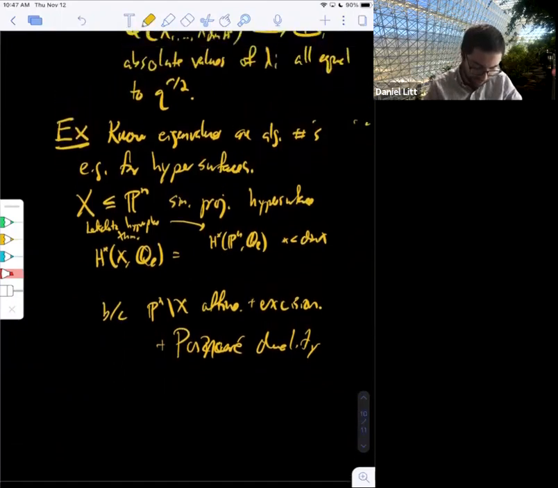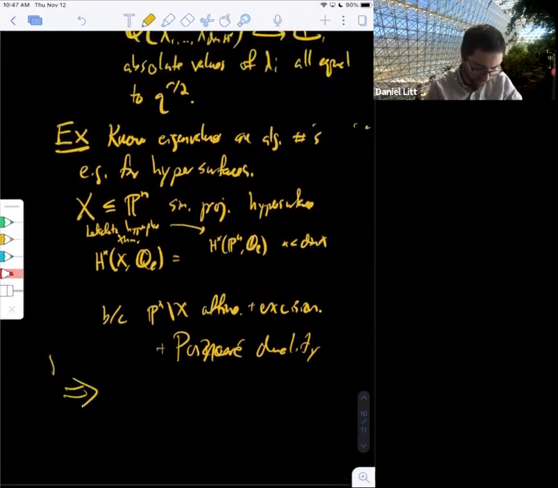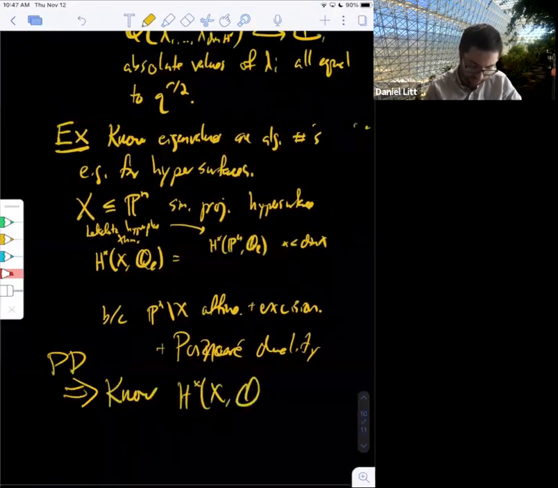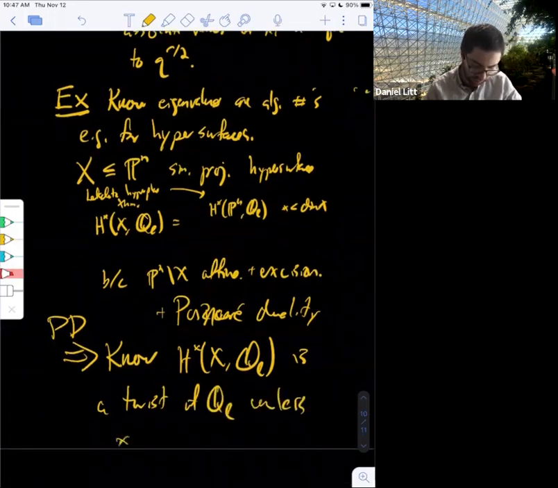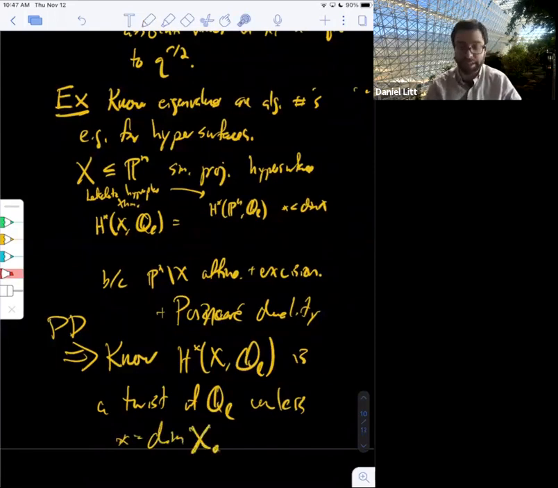So what this implies, if you apply Poincare duality, is that we know H star of X, Q_l is a twist of Q_l unless star is equal to the dimension of X. So what this tells us is there can't be any cancellation.